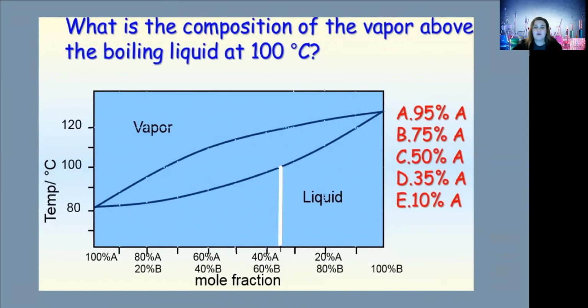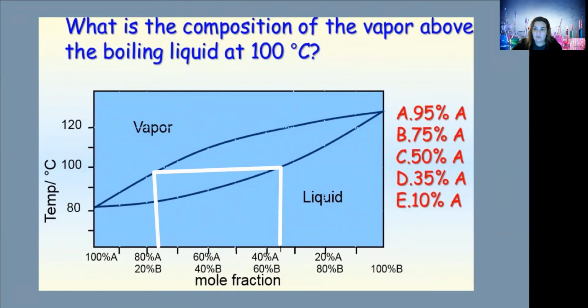Yeah, look at that. So we have 35% A at 100 degrees Celsius. Then you just want to come over as straight as you can and go straight down as best you can. I feel like that's really not the best drawing I could come up with. So we go about there-ish, and then it comes about here-ish.